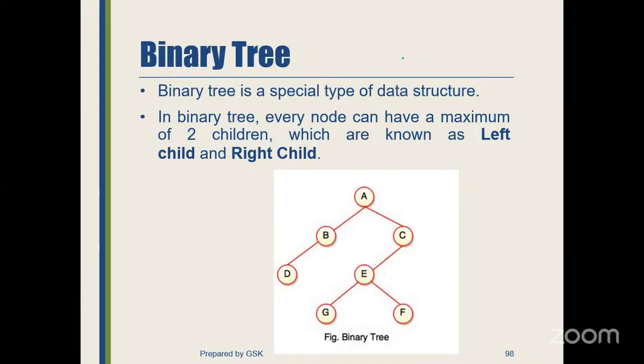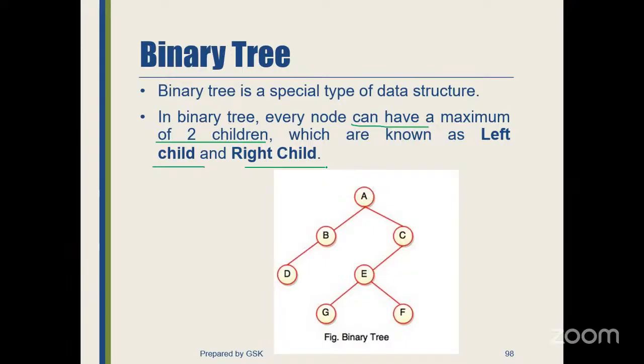Next, we have different types of trees in the data structures concept. One of the types of tree is the binary tree. A binary tree is a special type of data structure. In a binary tree, every node can have, observe carefully, a maximum of two children, which are known as the left child and right child.